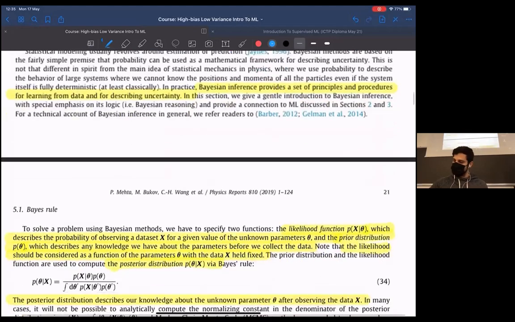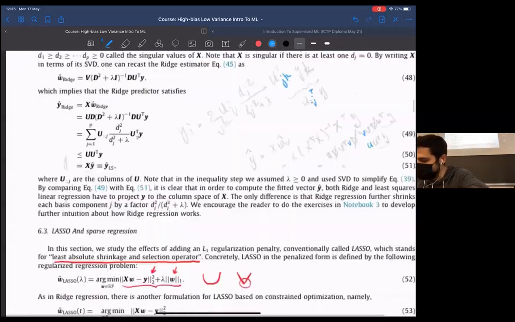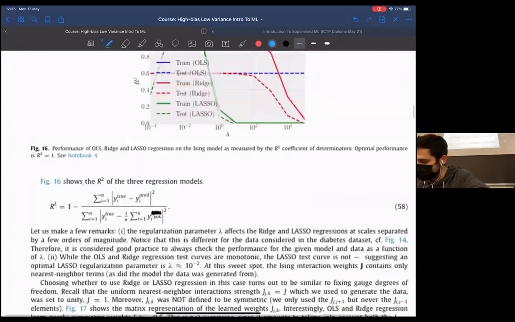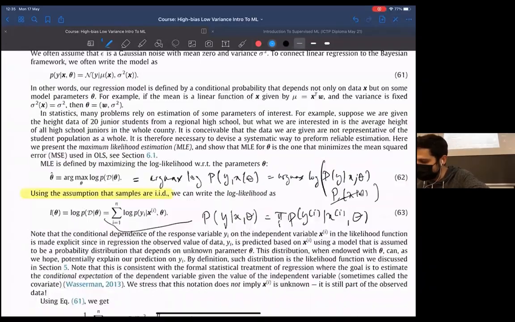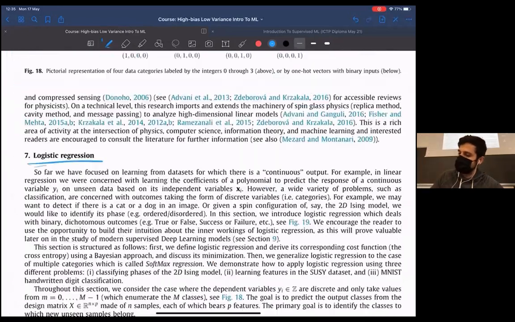Tomorrow we discuss logistic regression, or classification, how to deal with data which have discrete labels. We want to classify images, categories, whatever. So until now we considered regression where the labels, the outputs, were continuous variables.